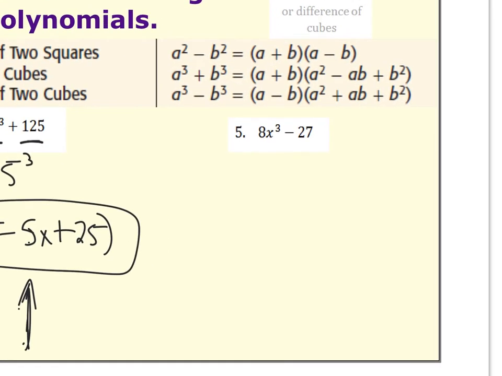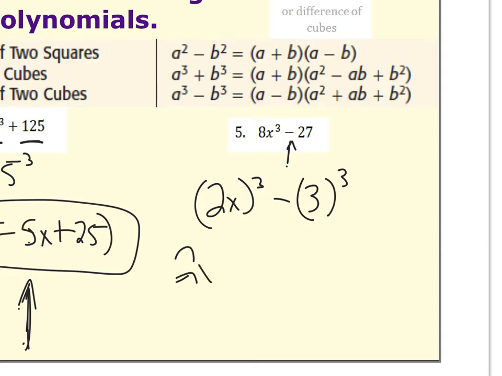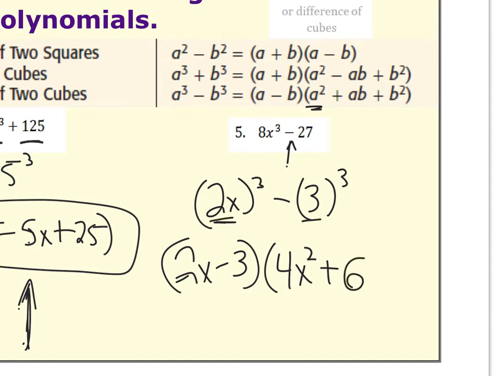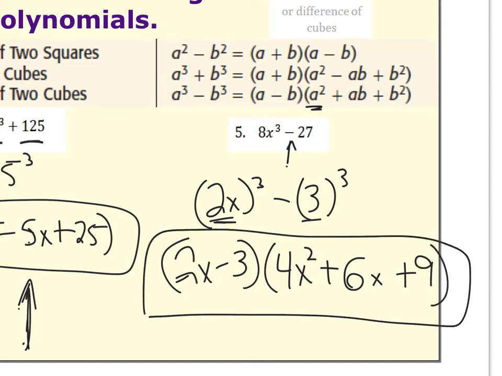For number 5, this is going to be a difference of two cubes. I know that because this is 2x cubed and 27 is actually 3 cubed. So when I factor this, it's going to be 2x minus 3, then the first thing squared, so 4x squared, plus 2x times 3, so 6x, plus 3 squared, which is 9. There's my answer.